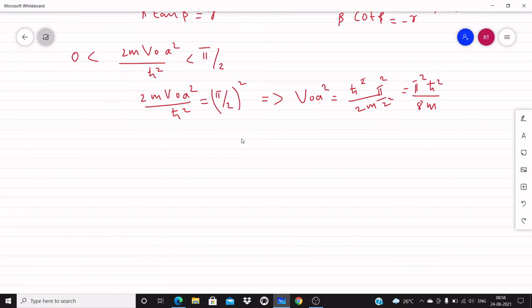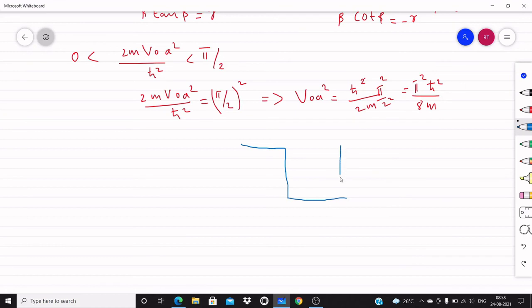We already have an idea of how the wave function varies in three different regions. So let us plot it. If you plot it for the ground state, let me give this one as n is equal to 1.